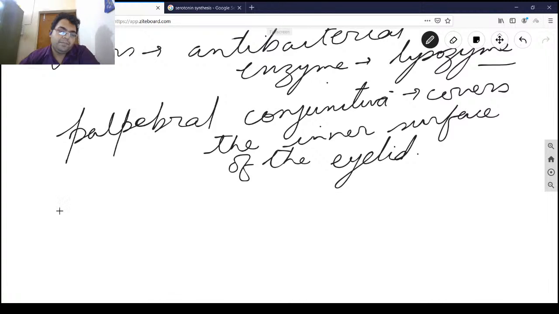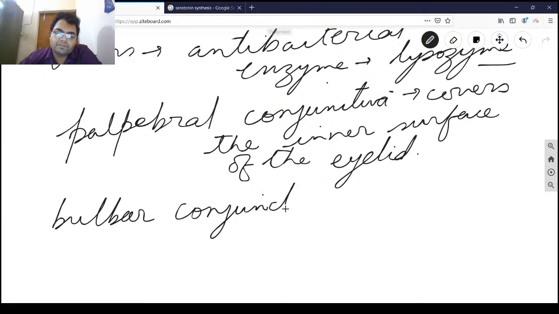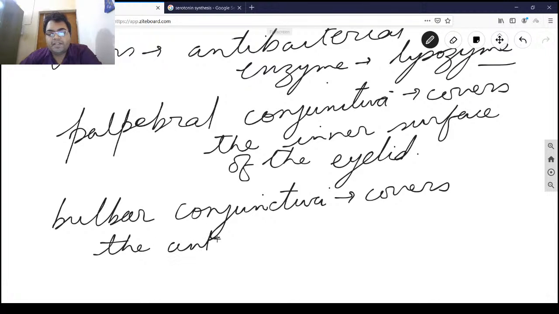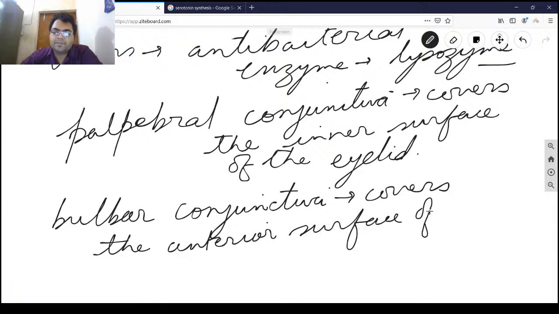And the bulbar conjunctiva covers the anterior surface of the eyeball.